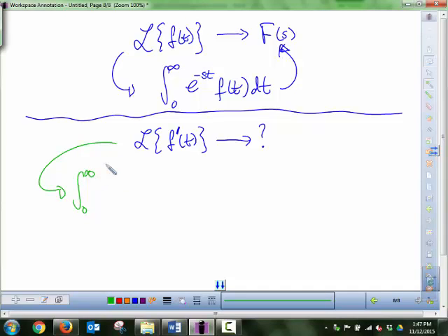All we'd have to do is pass it through the linear transformation, right? E to the negative st, and now instead of f of t, my function is f prime of t. That doesn't look that helpful. What if we use integration by parts?